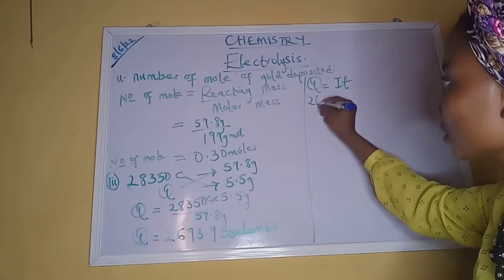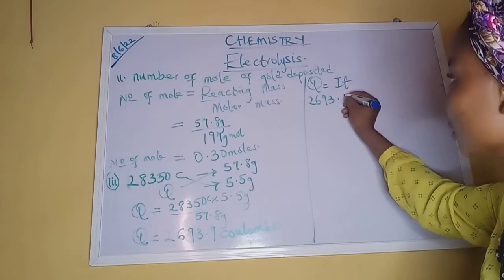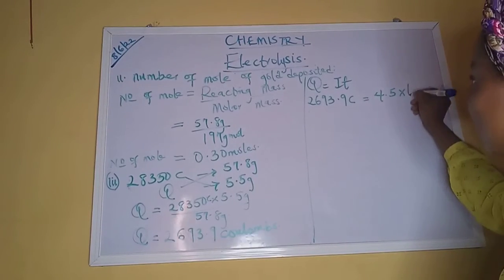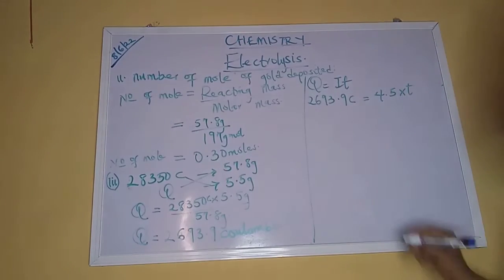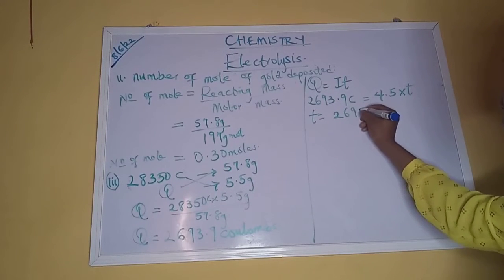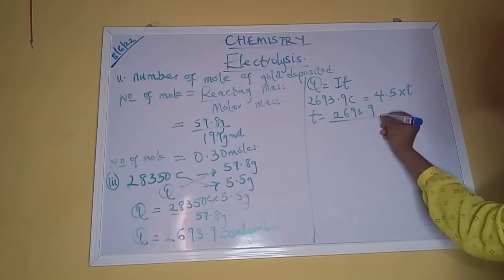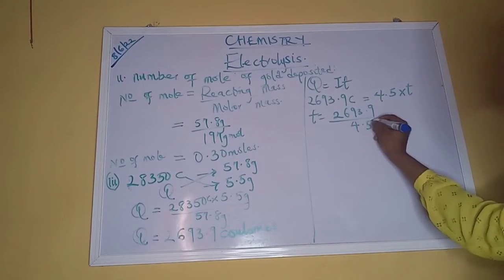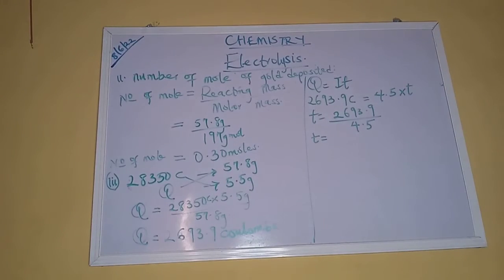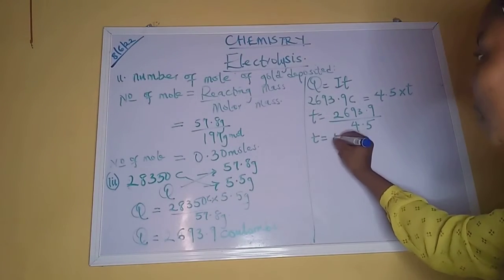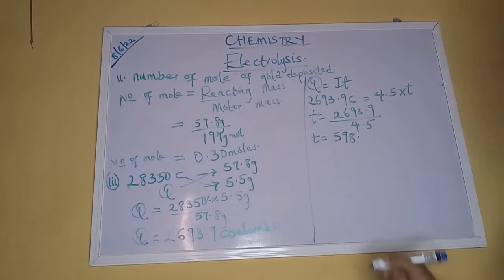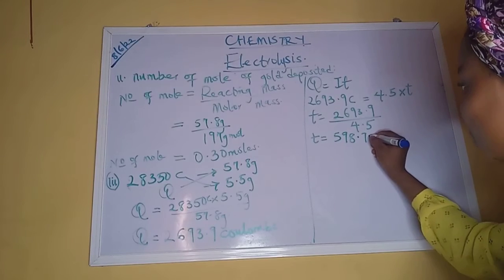Therefore, we have 2693.9 coulombs to give us 4.5 times T. Now, to make T the subject of the formula, we have 2693.9 all over 4.5. This therefore gives us 598.7 seconds.